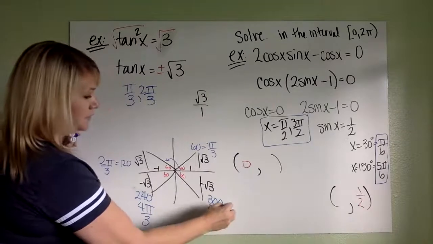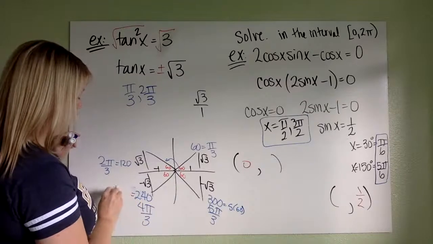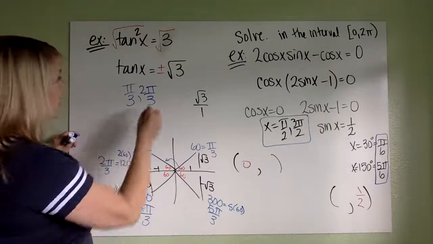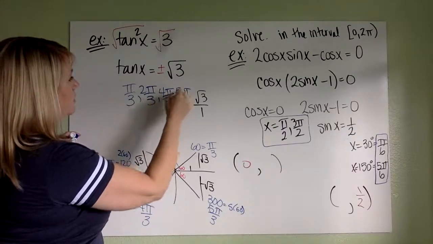So 5 times 60, 4 times 60, 2 times 60. So my 4 answers look like that.